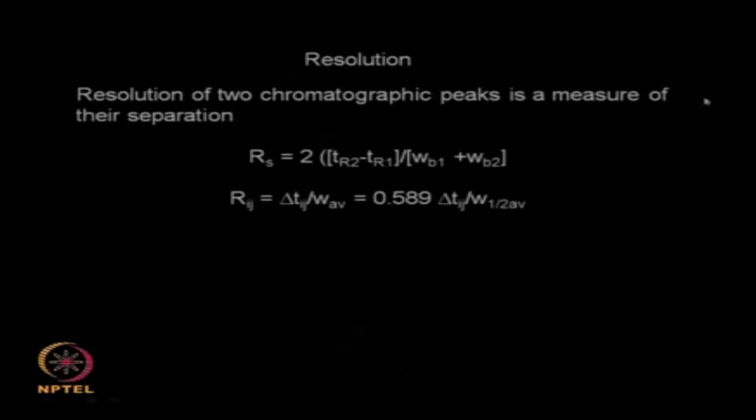So the equation given here is resolution is given by the distance between the two retention times, Tr2 minus Tr1, or delta T, divided by the width of the peak at the base, or conversely the resolution is given by the difference in retention time, that is delta T, divided by the width at half maximum, that is the average of the width at half maximum.